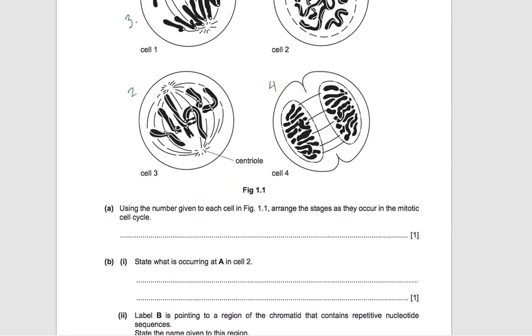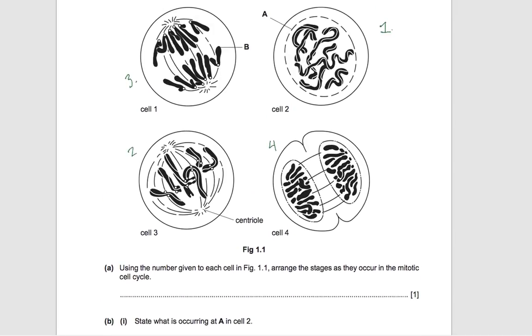State the name given to this region. So it's called a telomere, and it's found at the end of each chromosome, and it's to protect the coding regions of the chromosomes due to a fragmentation that occurs at every single copying of the chromosome sequence.